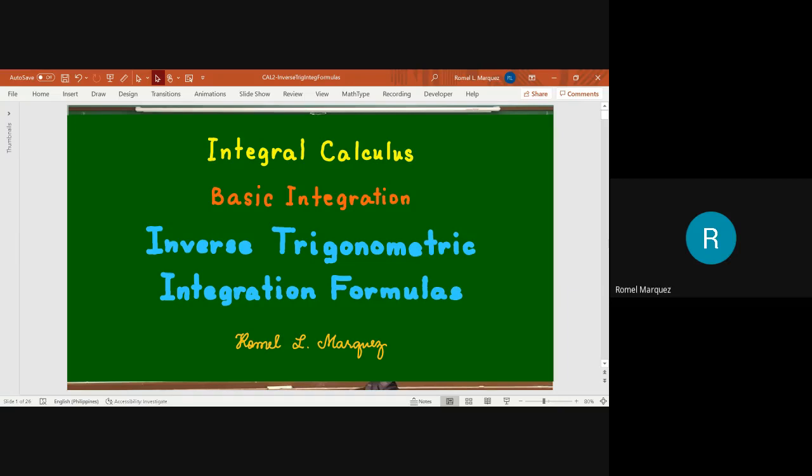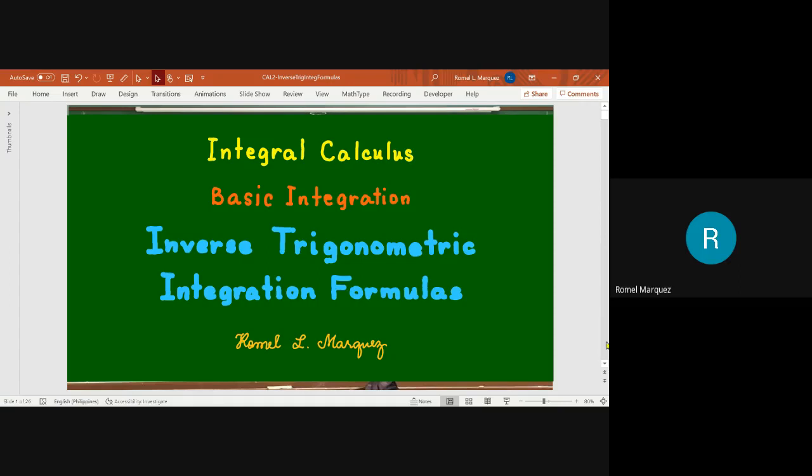Logarithmic, no? Natural logarithm of trigonometric functions. So those are 4 other related formulas, and those were integrals of tangent, cotangent, secant, and cosecant.